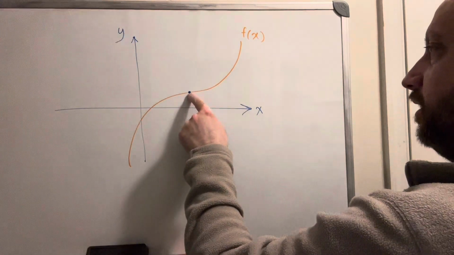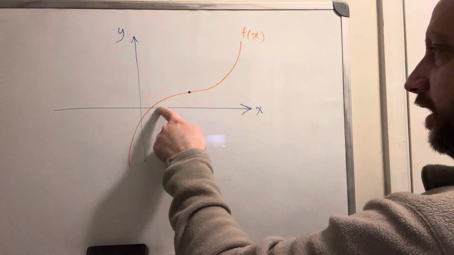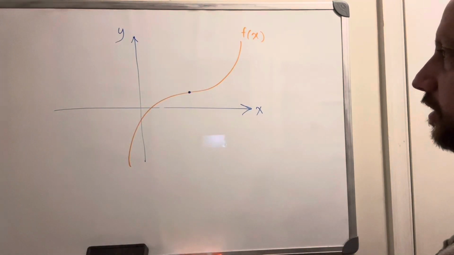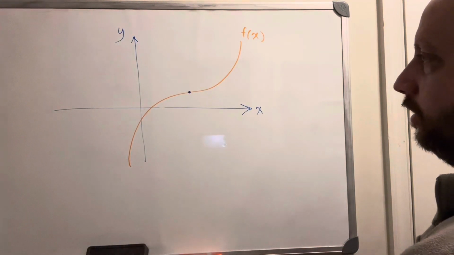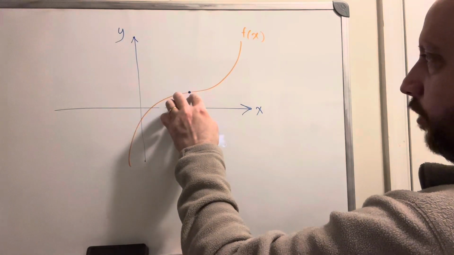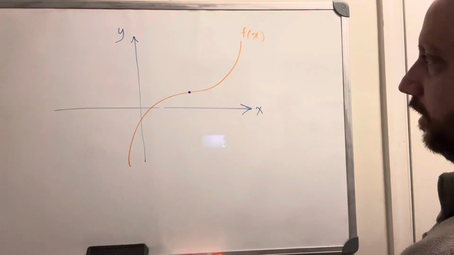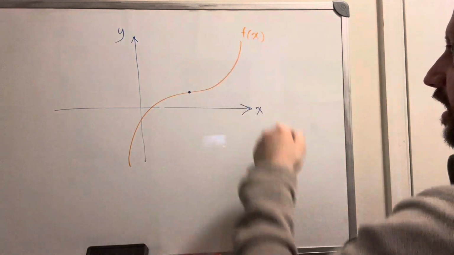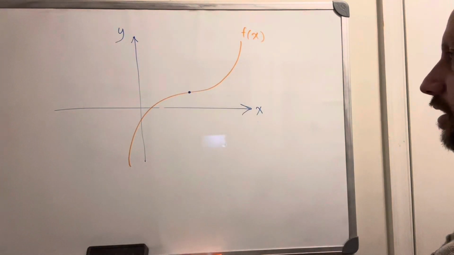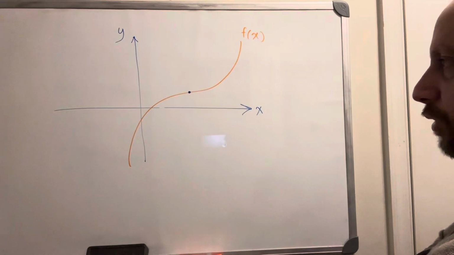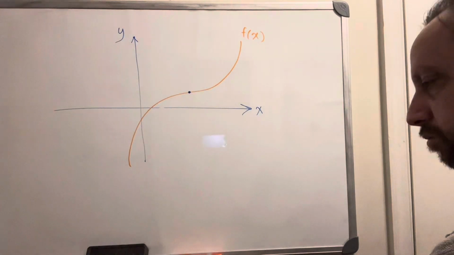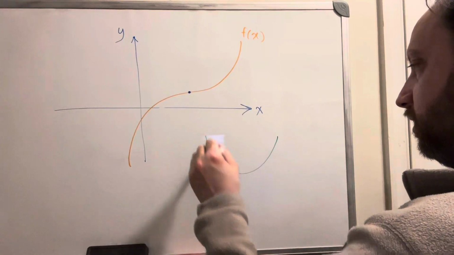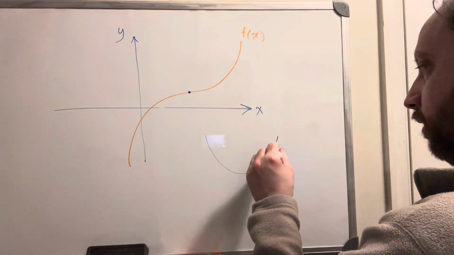We can use a term to say that the function f of x is concave down previous to this point of inflection, and concave up after that point. If you think of a bowl, like a cereal bowl, a cereal bowl that is concave up would hold water.